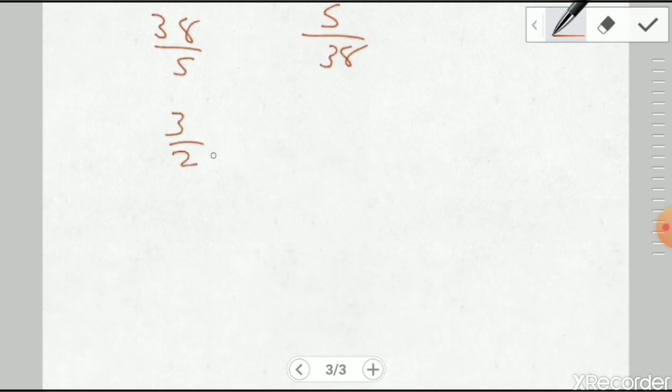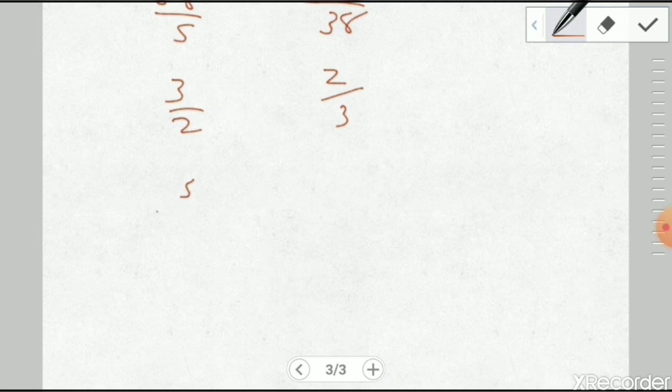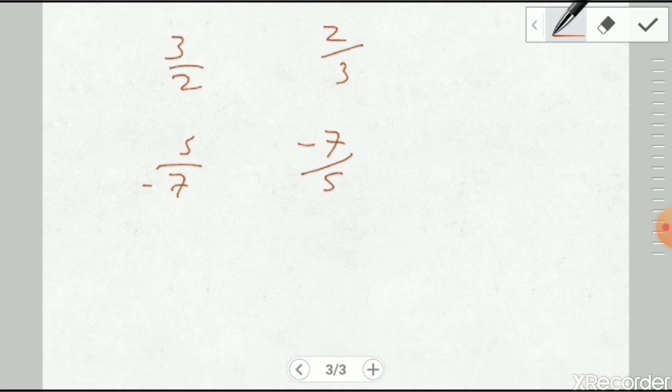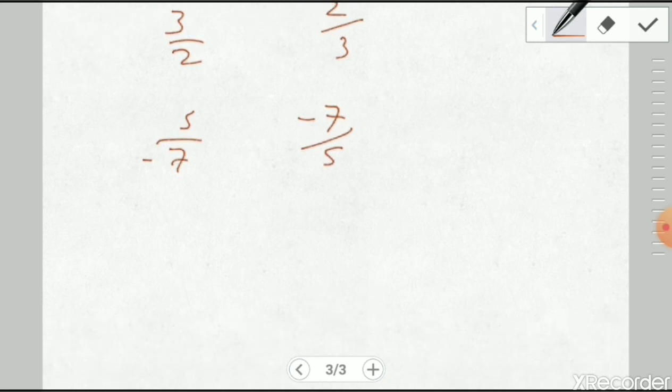If I say 3 upon 2, its inverse will be 2 upon 3. If I have 5 upon minus 7, its reciprocal becomes minus 7 upon 5. In the same way, we just change the numerator to the denominator and the denominator to the numerator. So it becomes the reciprocal, or the multiplicative inverse, of that number.